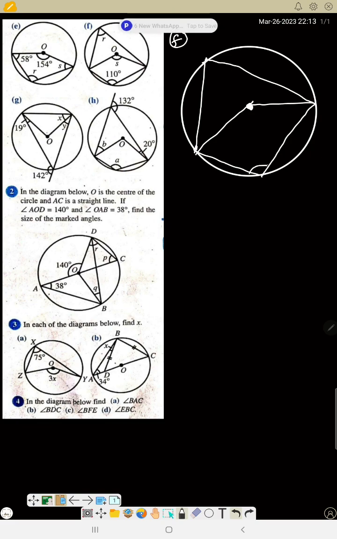So this place is 110 degree. So this is center O and this is R. So we want to look for, and this place is S.